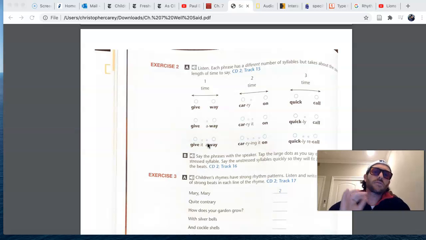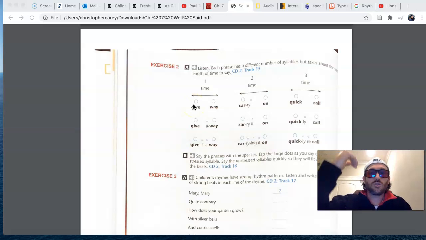regardless of the amount of syllables in a word or phrase, we create the same pattern in English based upon the strong syllables, or what we call beats. We consider a beat to be a strong, stressed syllable, right?